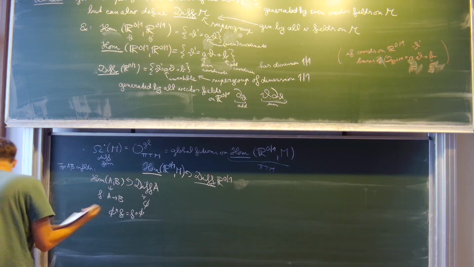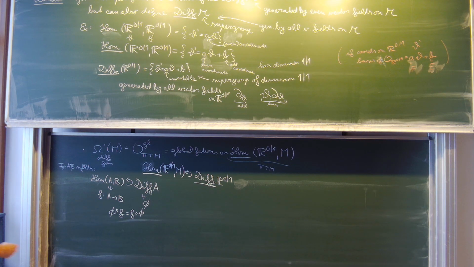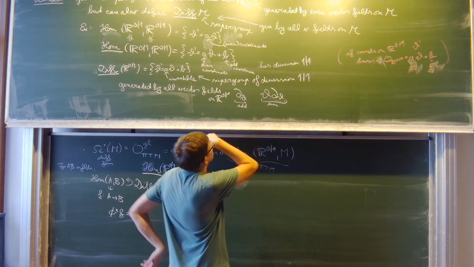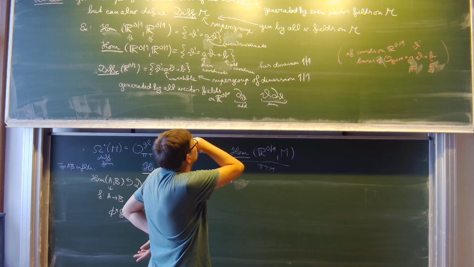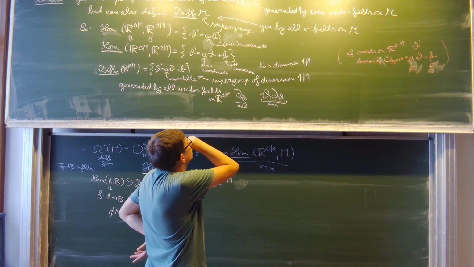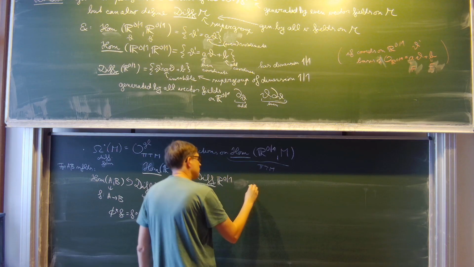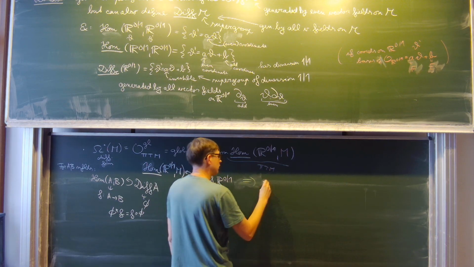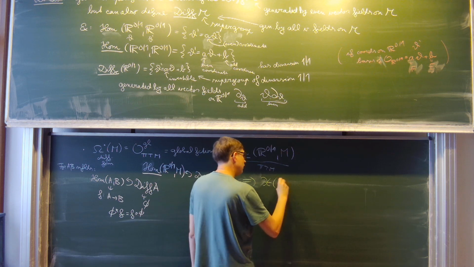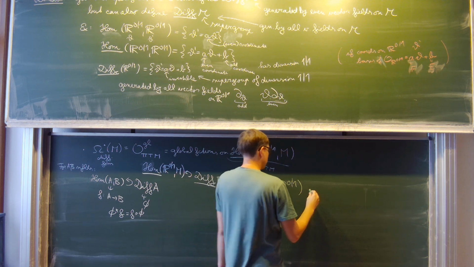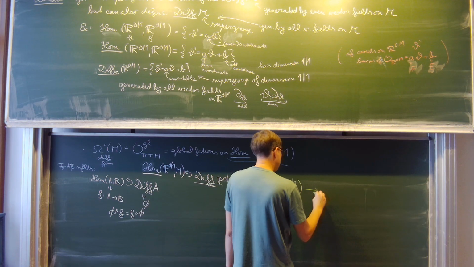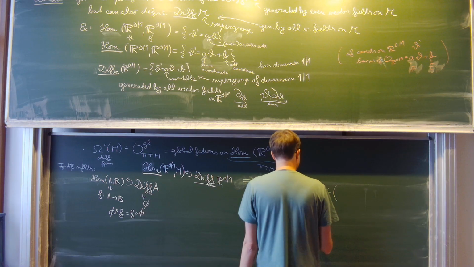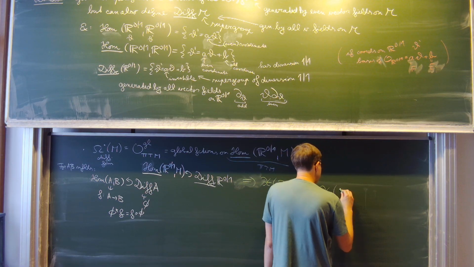It should be one of the examples from before. I'm not saying it's super obvious, but in fact, let's start with partial theta. So this implies that vector fields on R^{0|1} map into vector fields on this hom space.